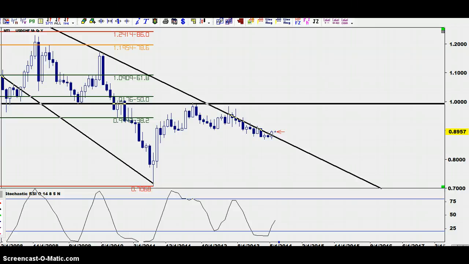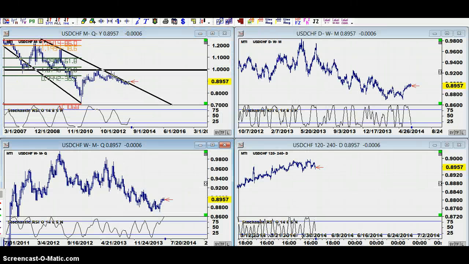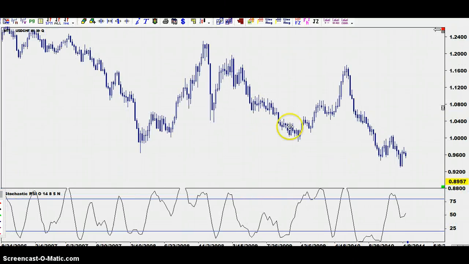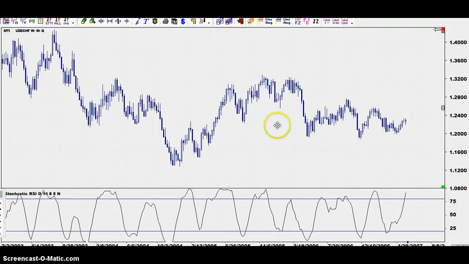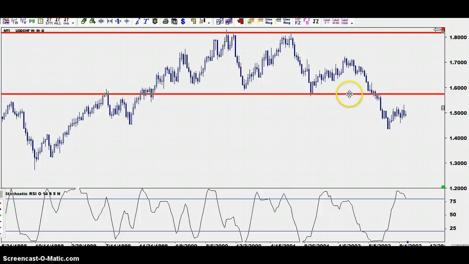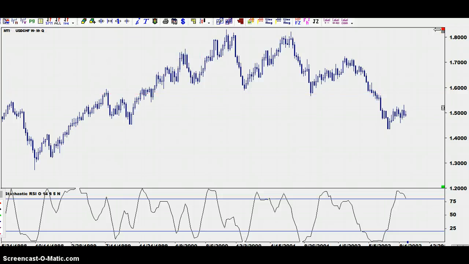Okay. Let's have a look at our weekly chart to see if any of this makes any more sense. Let's see what the full chart is actually saying. Let's delete all of this. Let's get some black.